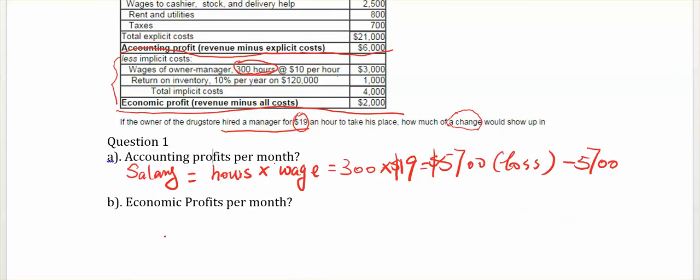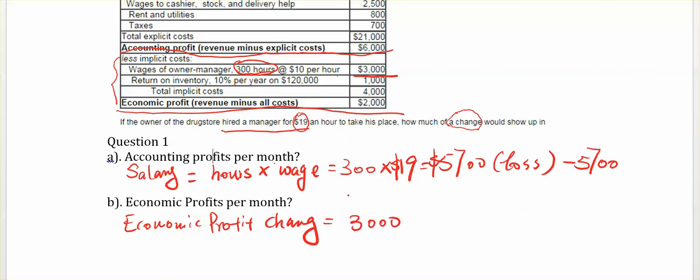The second part of this question asks you for the economic profit change. The economic profit changes because you hire the manager and the owner will save his own time to do other things, maybe to find a job which pays him $10 per hour. So the economic profit change is equal to what the owner saved.